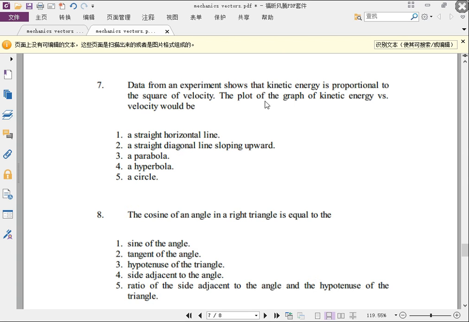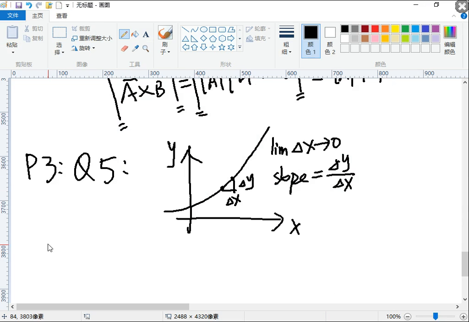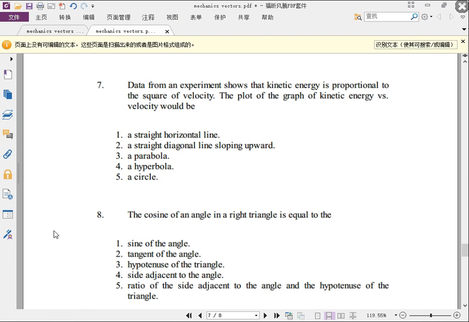Data from experiment shows that kinetic energy is proportional to the square of velocity. The plot of graph of kinetic energy vs velocity would be. So change a variable.